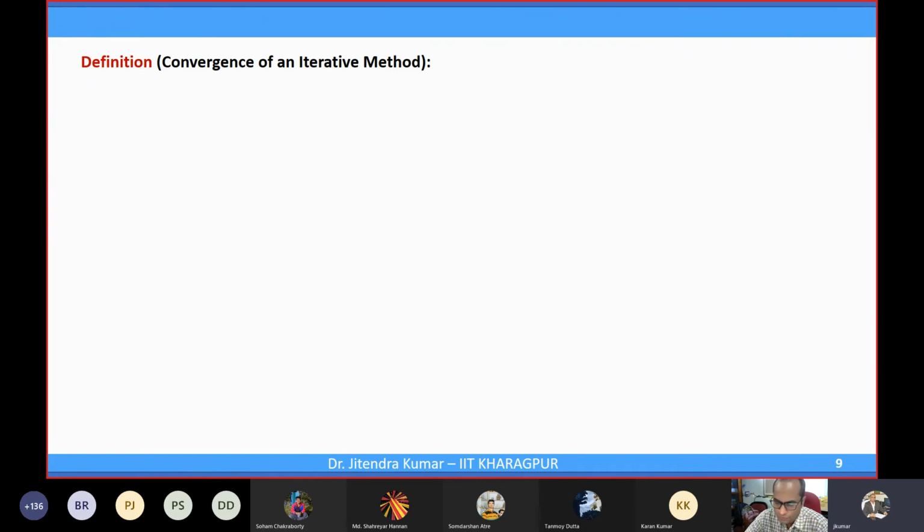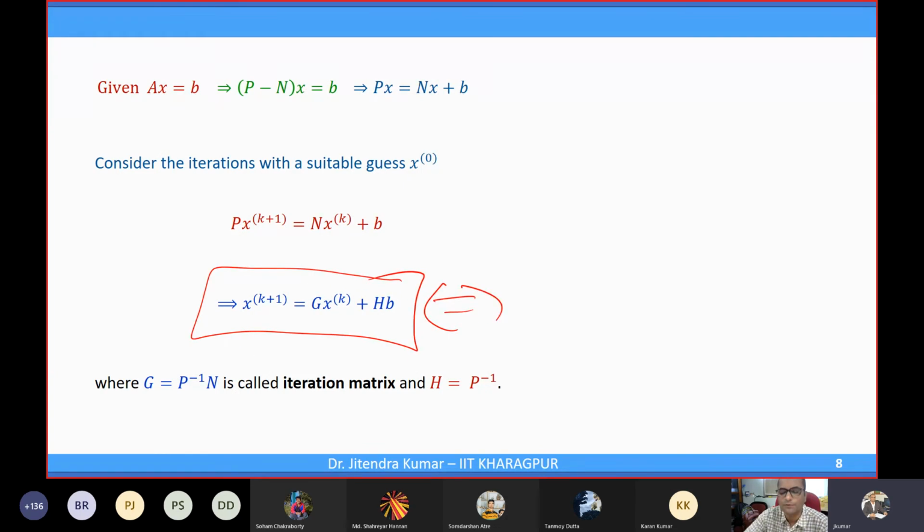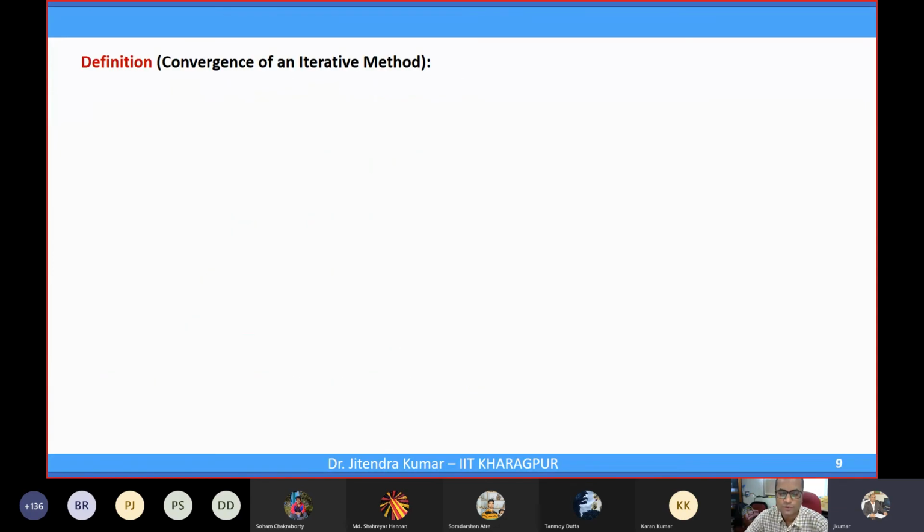Now I can introduce, because we have a method. See, this is not some particular method. It's a general setup of an iterative method. So with this, I can introduce again a little more formal definition of the convergence of an iterative method.